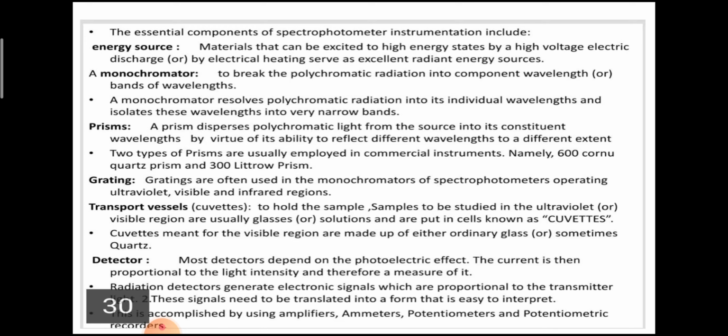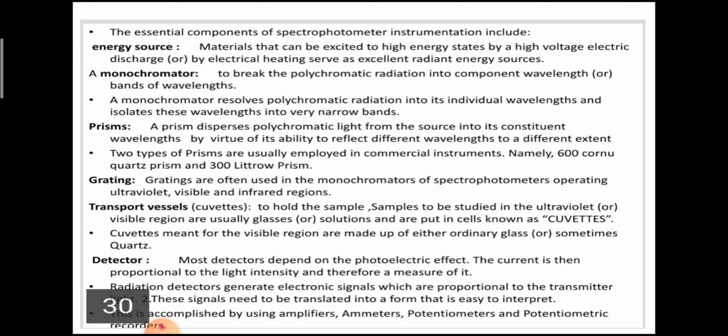Generally prisms or gratings are used as monochromators, so two types of monochromators are there: prisms or gratings.